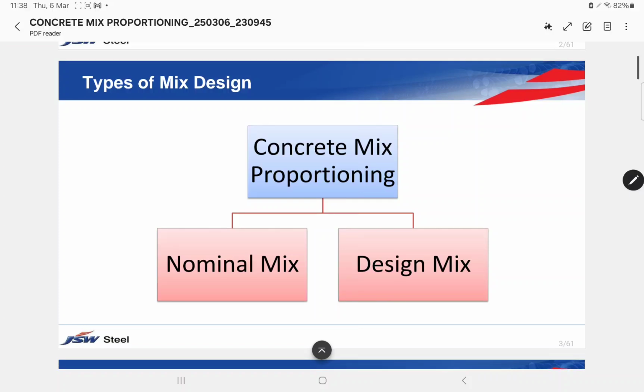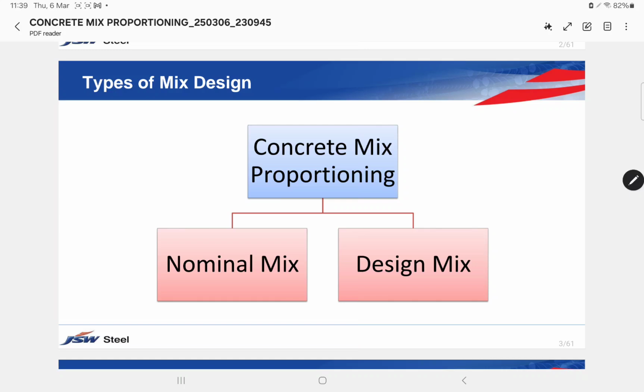So if you follow IS 456, then it specifies two different types of mix: design mix concrete and nominal mix concrete. So we will start by understanding what is a nominal mix.